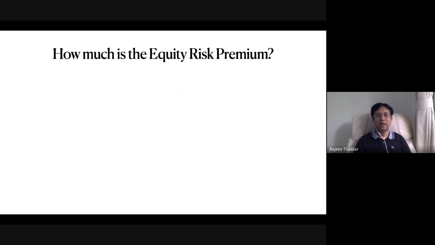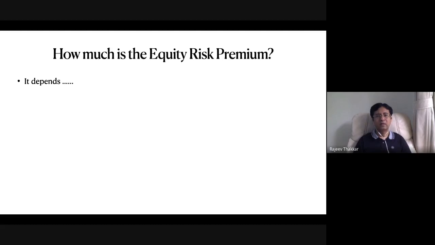So the question arises as to, if you invest in equities as compared to, let's say, buying treasury bills, how much return can you expect over the long term? We know that return varies from year to year in equities, but over the long run, how much of a premium should you expect over treasury bills? So it depends on various factors.